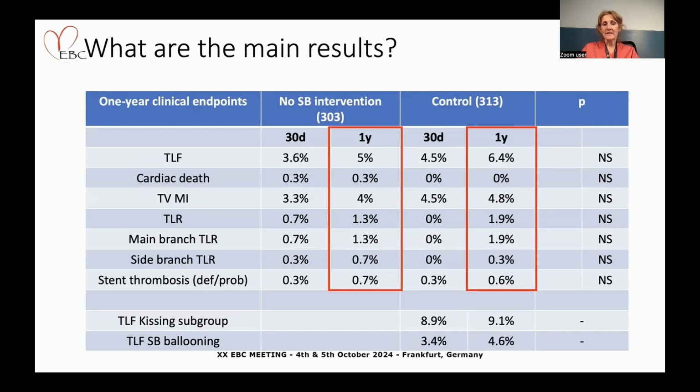And if we look at the subgroups of kissing balloons versus pot side pot, we see that, again, there is really no difference in terms of either of these techniques for clinical outcomes in the control group.